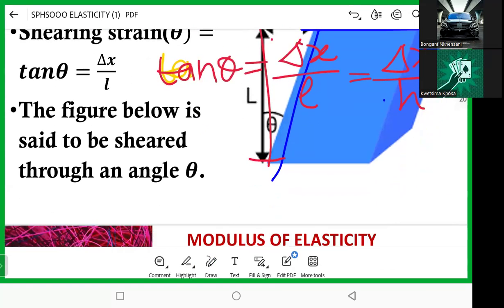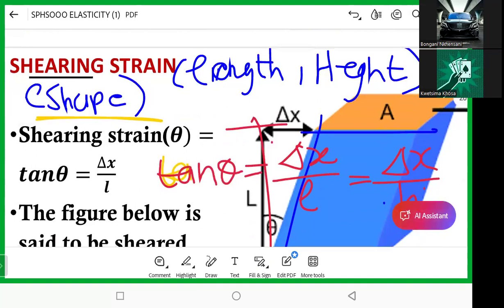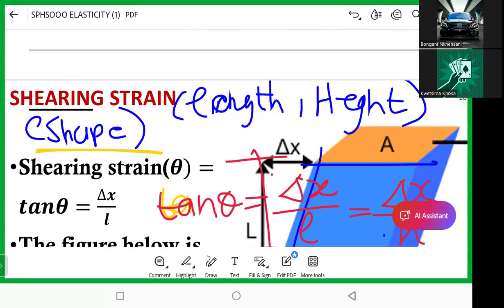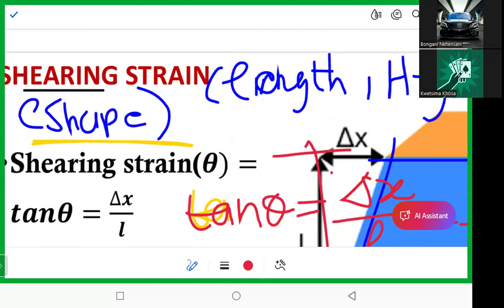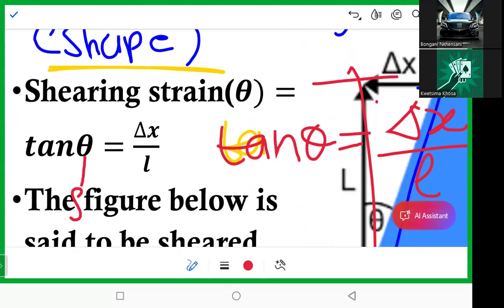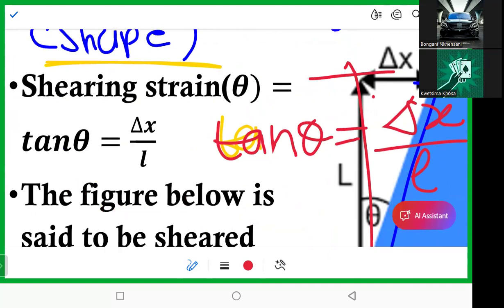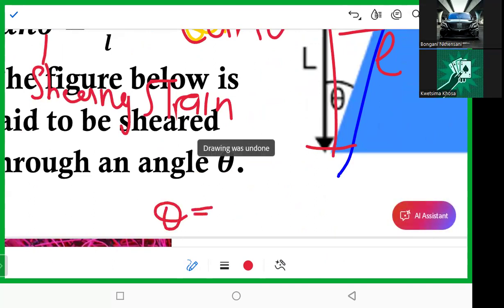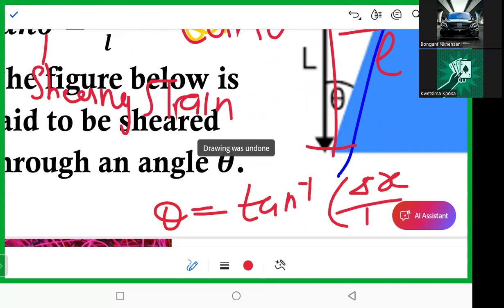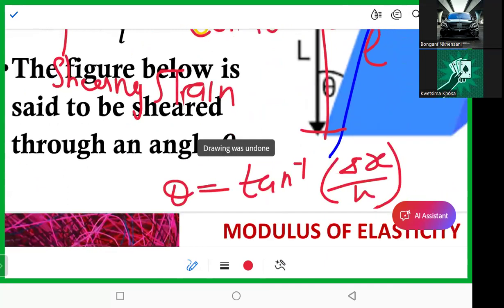And you can see that the unit for shearing strain is theta. So this is our shearing strain. Meaning that if they want it, you are going to say theta will be equal to the arctan of the change in length over the height of your object.